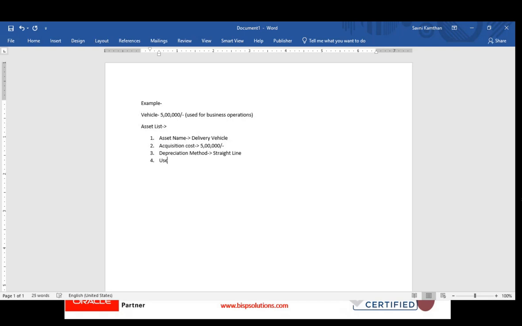Then we also have to mention the useful life of that particular delivery vehicle. Let's suppose we are taking it as 5 years.